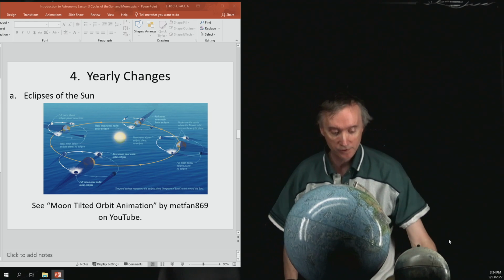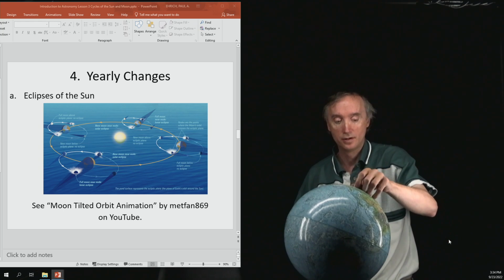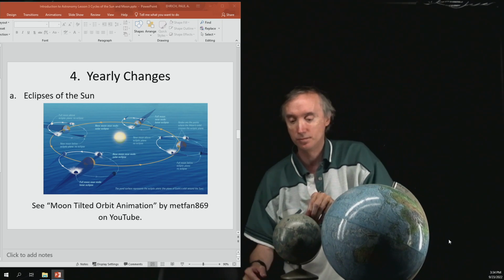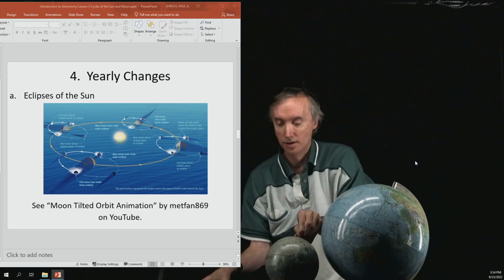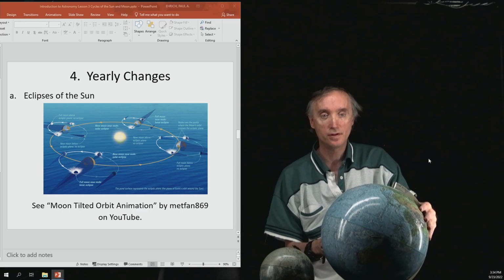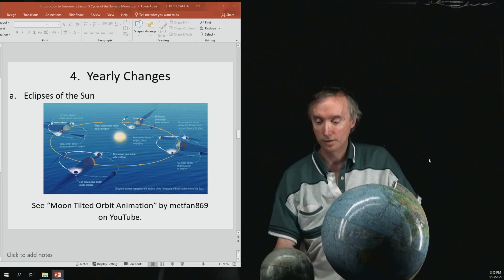Now let's talk about the lunar eclipses. A lunar eclipse is going to occur whenever the Earth gets in front of the sun. So we need to put the moon over here on this side. Sun's over here, Earth's here, moon's here. So the shadow of the Earth falls onto the moon.